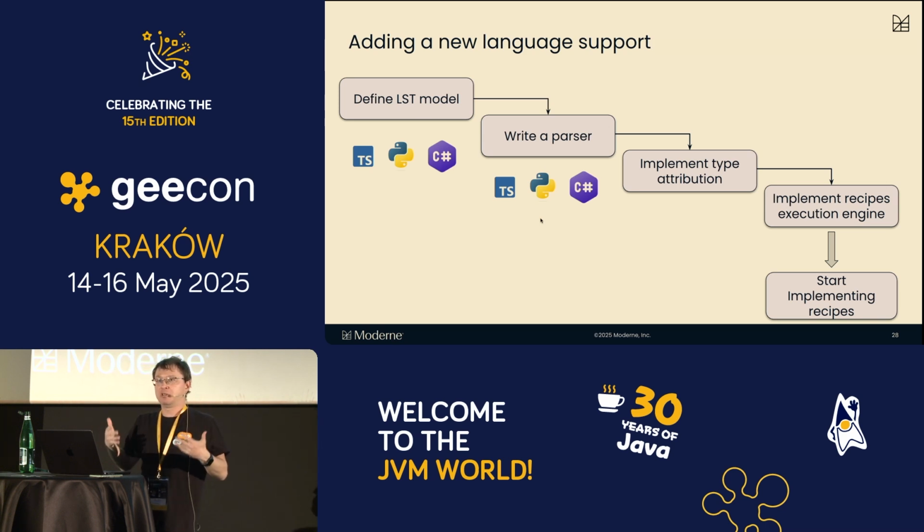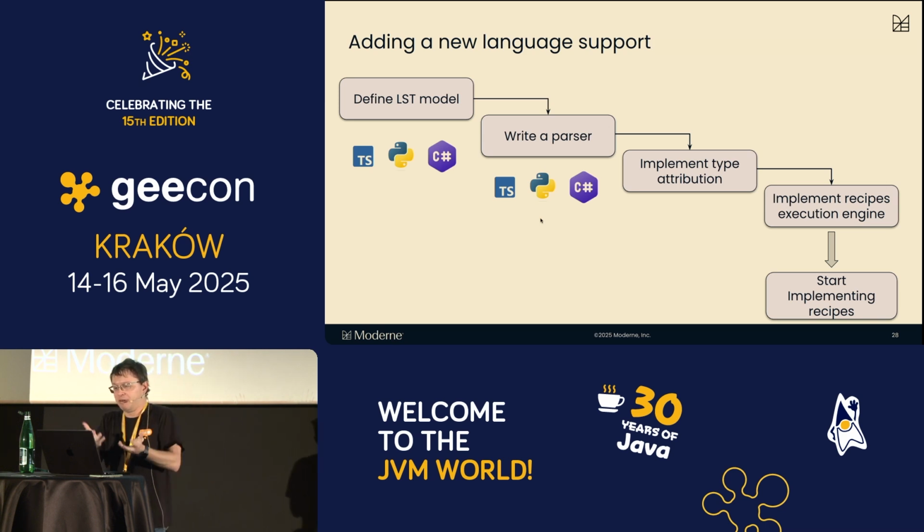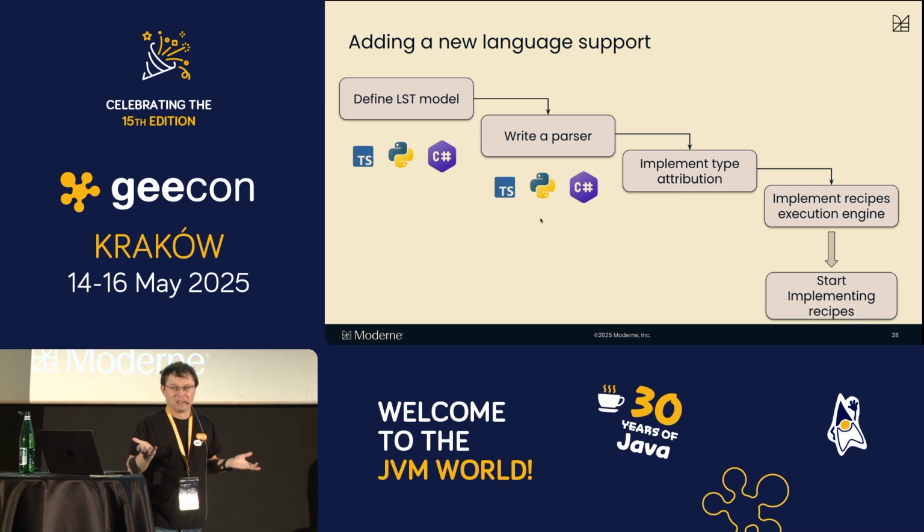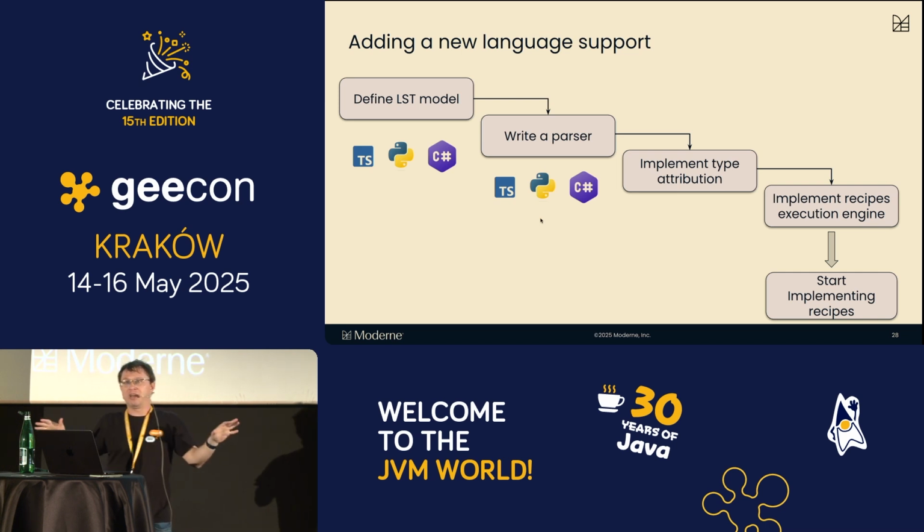So we are doing this manually based on the Java source code. For Kotlin, it is maybe the best compiler. It provides you full information and full insight about the code.